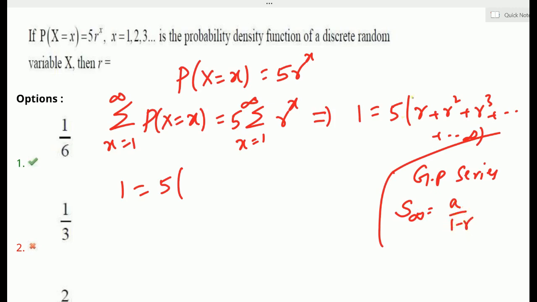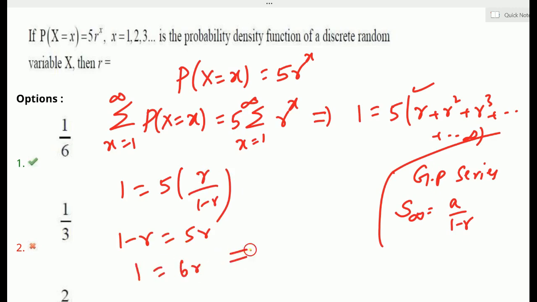Here the first term is R. r means the common ratio. Common ratio is also R. First term is R, common ratio is also R. That is R by 1 minus R. Take the cross multiplication: 1 minus R is equal to 5R. Again this becomes 1 is equal to 5R plus R, which is 6R. 6R is equal to 1. What is R? R is equal to 1 by 6.